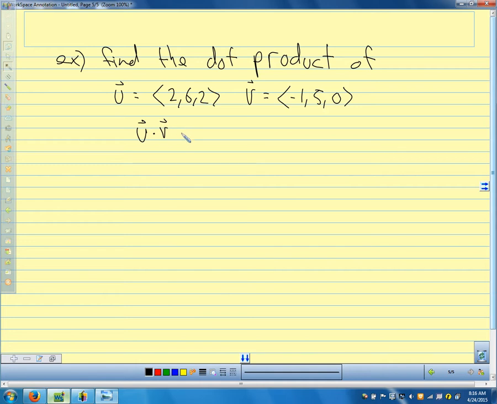Dot product is easy to find. So what are we going to do to find our dot product? Multiply component by component and add. So I get 2 times negative 1, so negative 2, plus 6 times 5, 30, plus 2 times 0, 0, 28. So the dot product is 28.